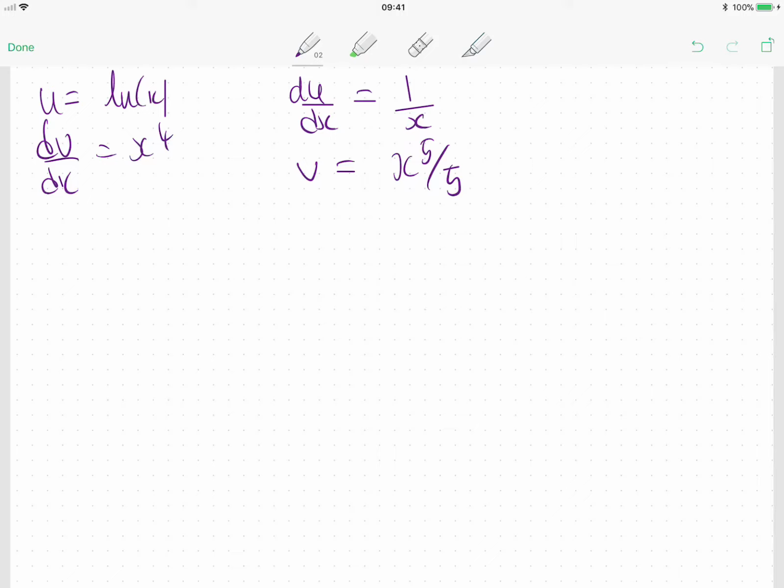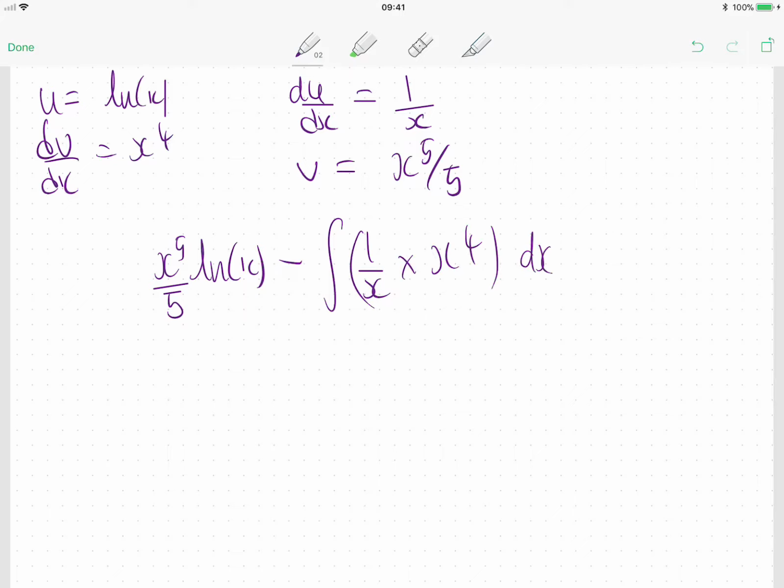We have uv, so log of x times x to the 5 over 5, minus the integral of du/dx, which is 1 over x, times v. Well, that's quite nice. This simplifies down to x to the 4 over 5, which is quite easy to deal with.